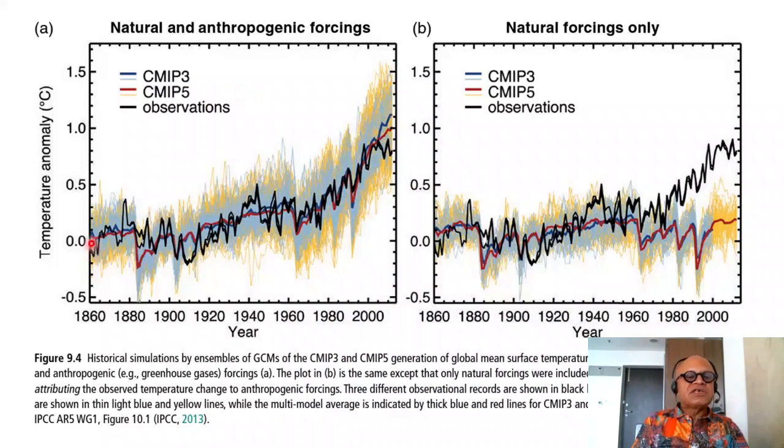So you can see that the observed data is here in the black line, and these various colors and the thick red and blue lines are from CMIP-3 and CMIP-6.